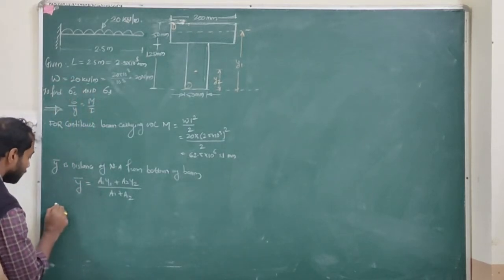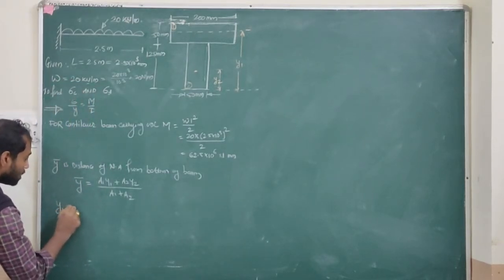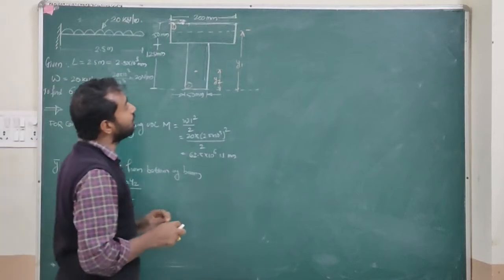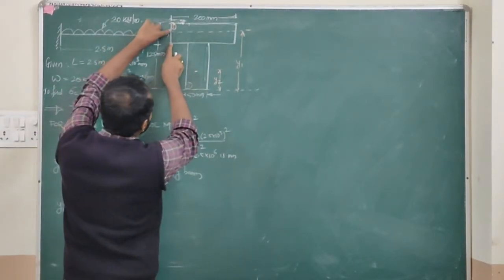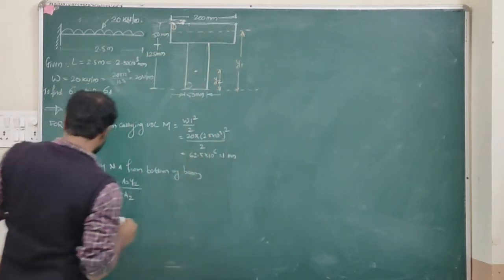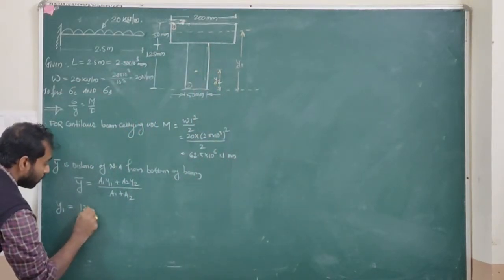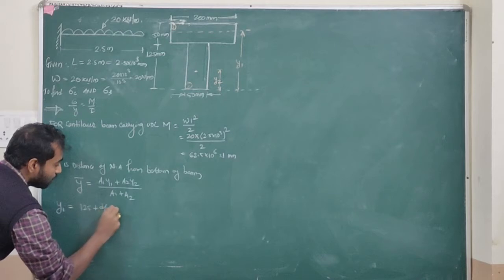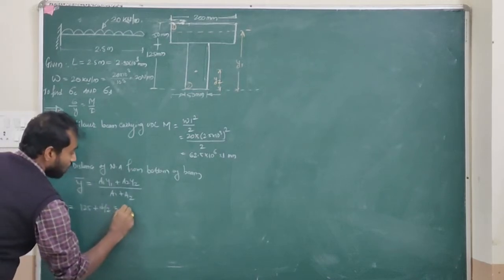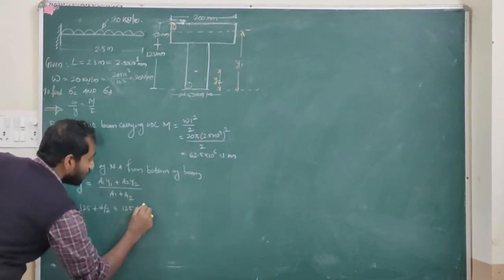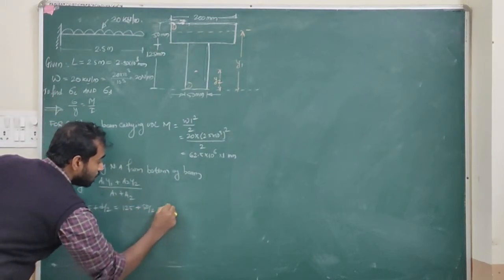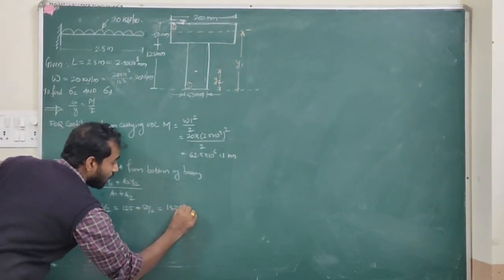Okay, now first of all we need to find out the value of y1 and y2. So y1 is equal to 125 plus d by 2, as it is a rectangle, so 125 plus depth 50 divided by 2, which is 150 mm.